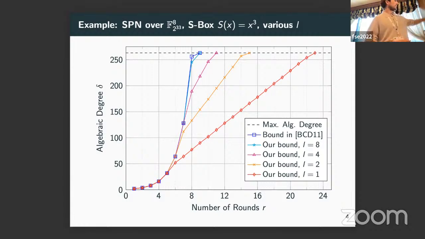The horizontal black dashed line shows the maximum algebraic degree, whereas the leftmost graph depicts the BCD bound. The other lines depict our bound on the algebraic degree for various degrees of the linear layer.